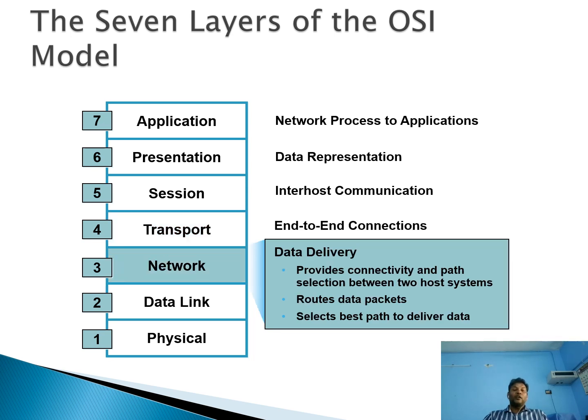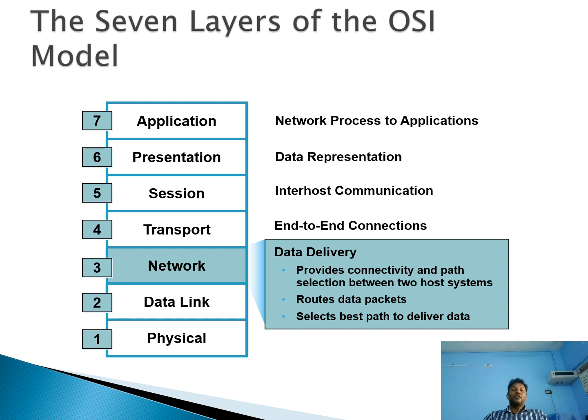Next we go to the network layer, that is data delivery. It is also called data delivery. It provides connectivity and path selection between two host systems, two different systems. That is, the connection is enabled between two systems. It will create the path and send the data to the host system. Then it routes the data packet.